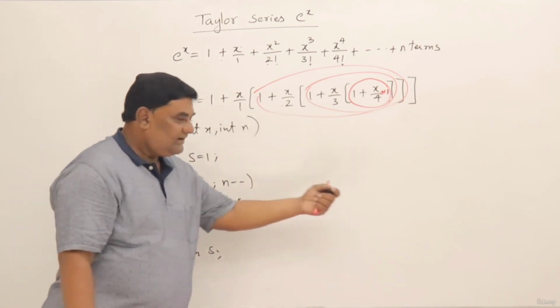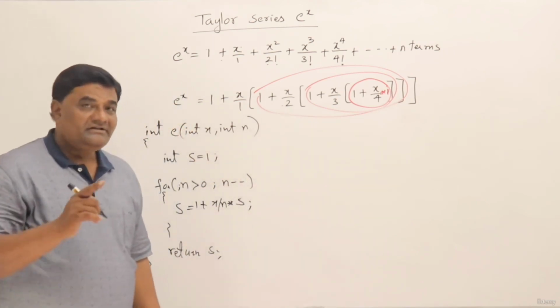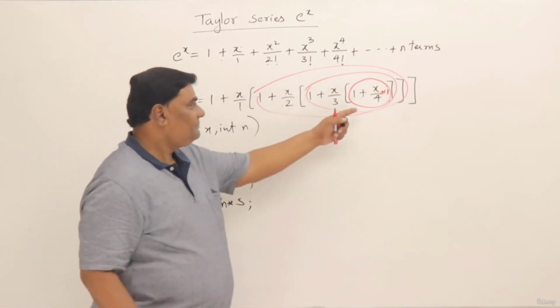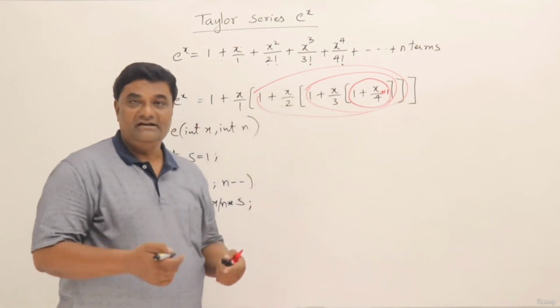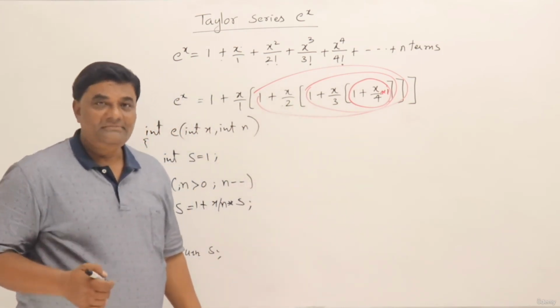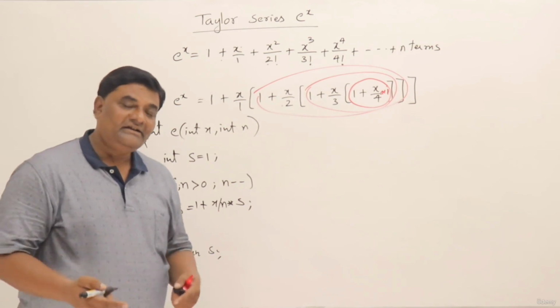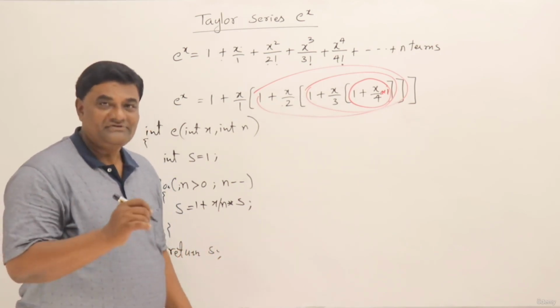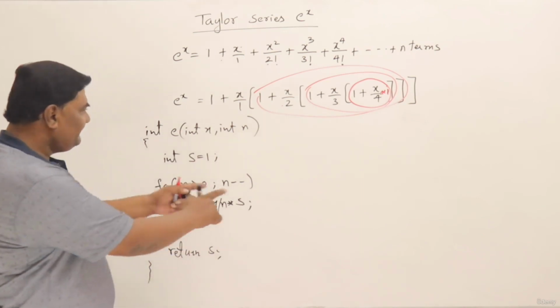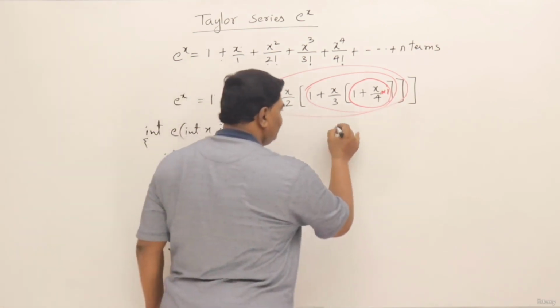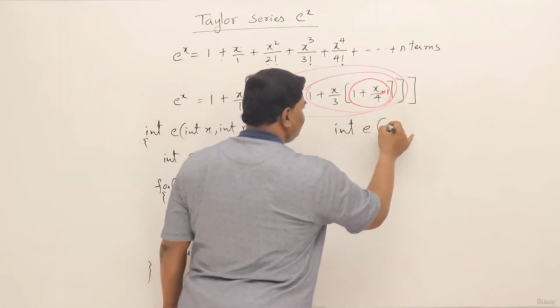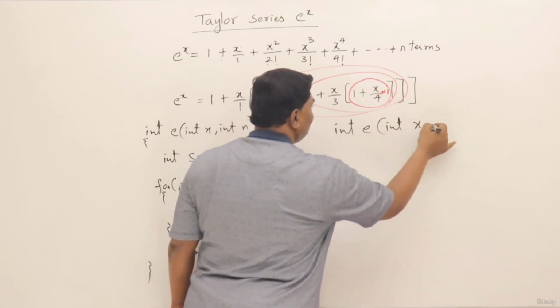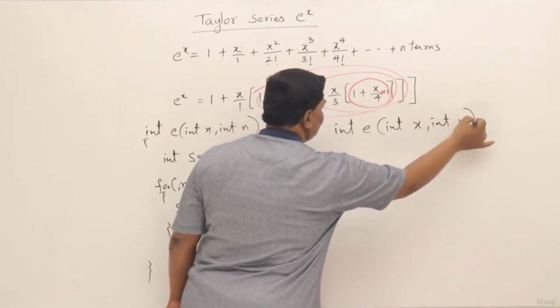Now the same thing I can write using recursion, but in recursion I have to perform multiplication at calling time. So at calling time, I can take the help of a static variable. So let us write it with the help of a static variable, in the same fashion. This is the recursive version, with x and integer n.